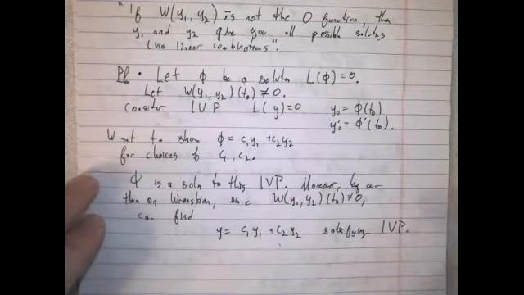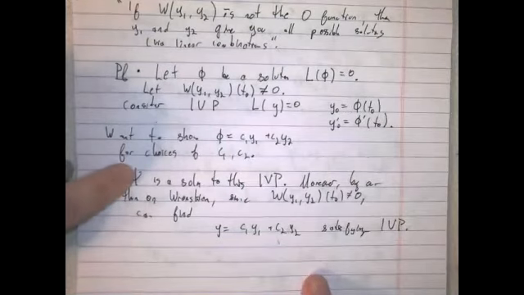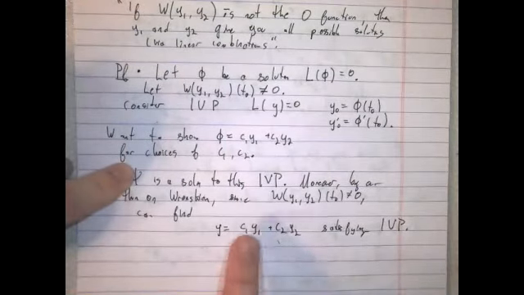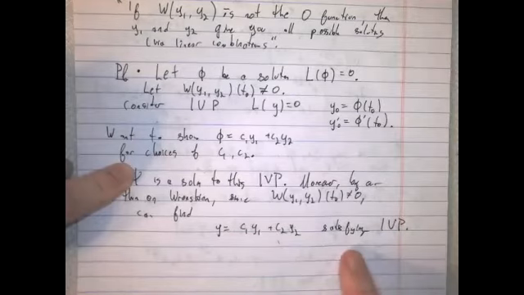Okay, so now I've got one solution to the IVP, phi, and one solution to the IVP, c1y1 plus c2y2. What can I say?